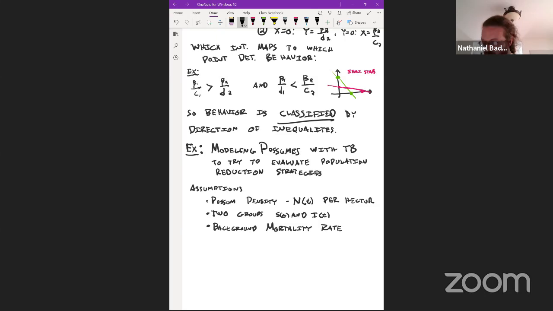Background mortality rate is alpha, in years to the -1. Sorry, A years to the -1. And the mortality rate for tuberculosis is alpha years inverse.